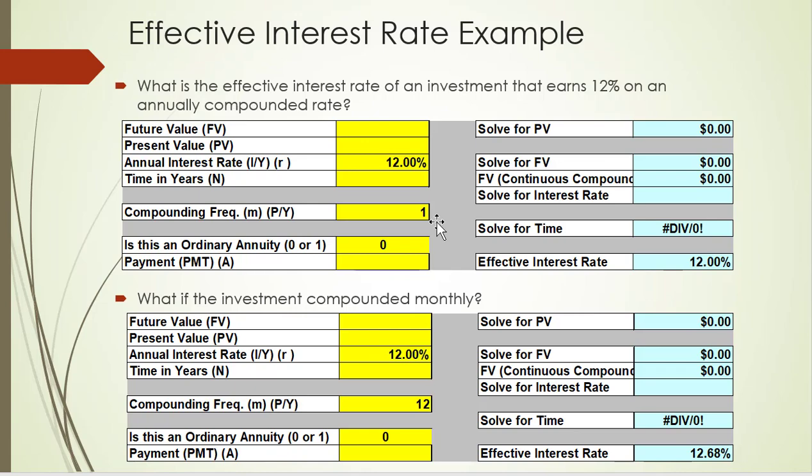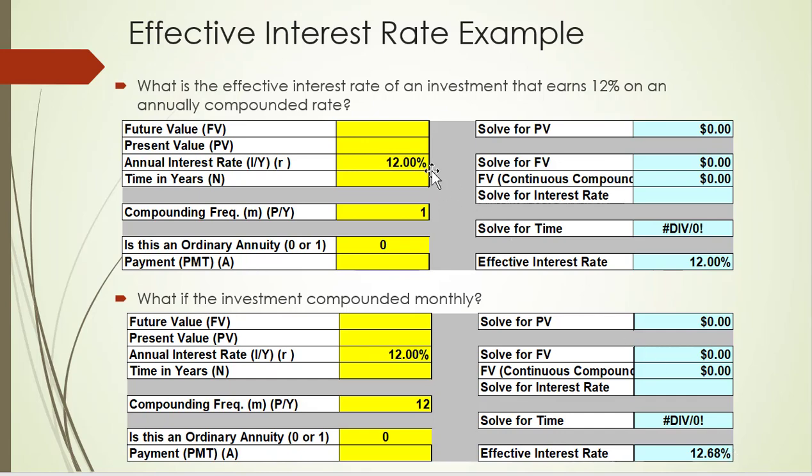But what if you compound more frequently? What if you can compound monthly? That 12% earnings is nominal, it's annual. We want to convert that to the actual, the effective interest rate. The effective interest rate is 12.68%.